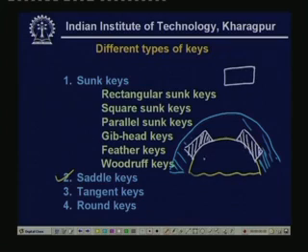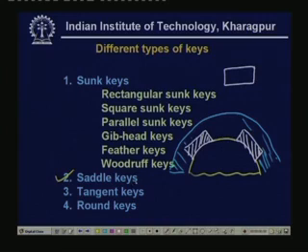Naturally, the torque transmitted is again due to the friction force and therefore considerably less. So these are the saddle keys. Now, let us come to another type which is known as the tangent keys. Let me draw the tangent keys.